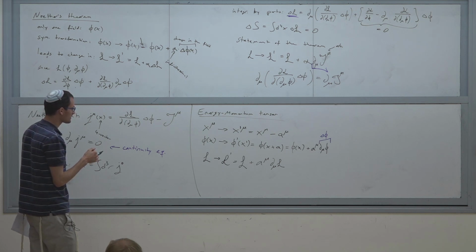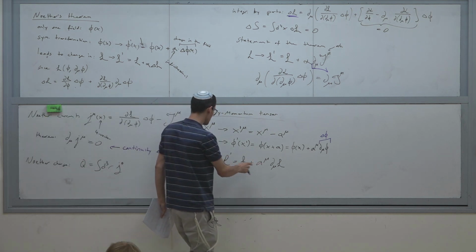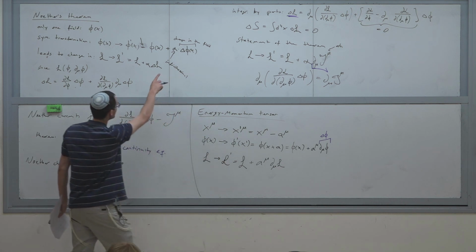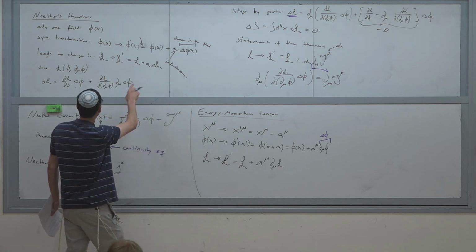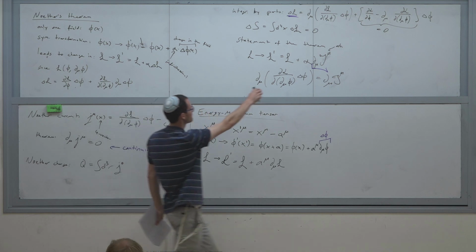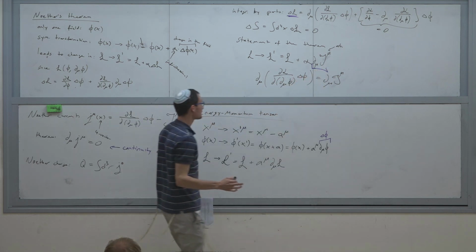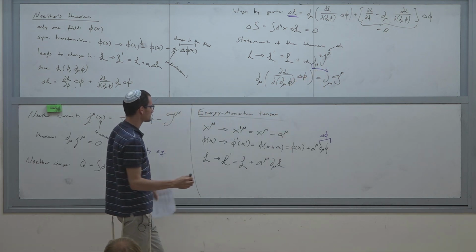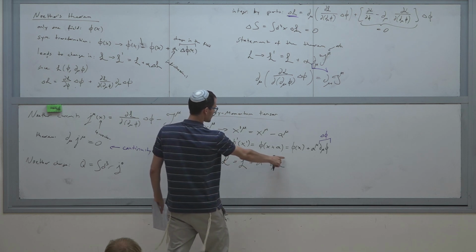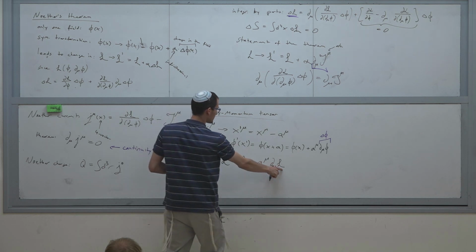And remember that L is only allowed to change by the derivative of some function. Here. And we're not quite there yet because there's no mu here. There's just an L, and we need to get a mu there.